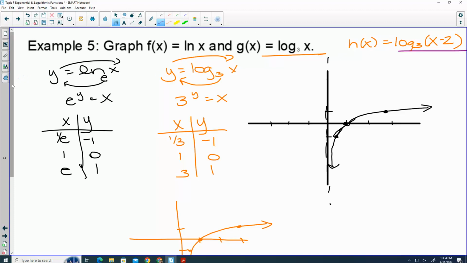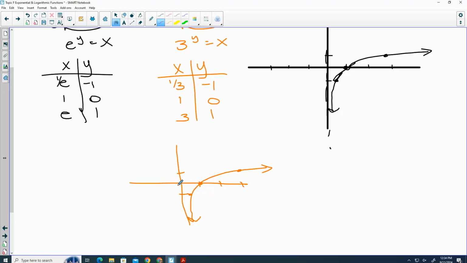Right 2. So if you're going to move this right 2, it would move your asymptote with it. And then you would just shift your parent function. Logs have vertical. So I could have very easily put a transformation question on here.